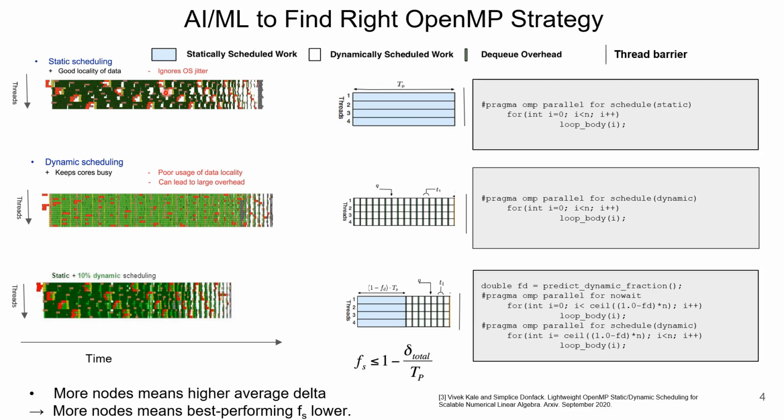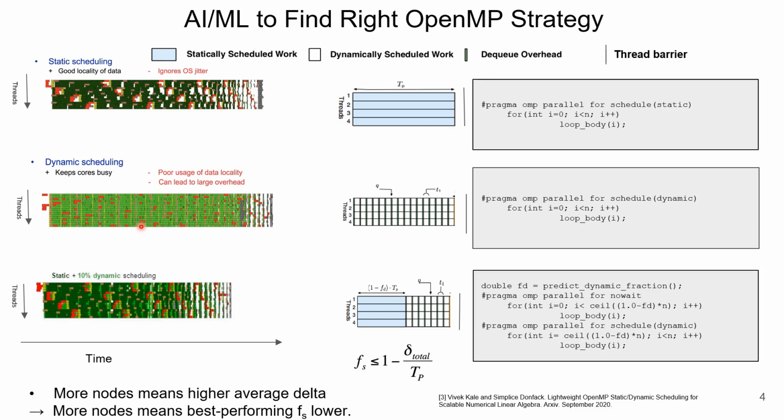Here, I show this application timeline diagram of the CALU, with this top diagram showing the static schedule. And you can see these white pockets of idle time. The second diagram shows dynamic scheduling applied to CALU with the best performing chunk size.